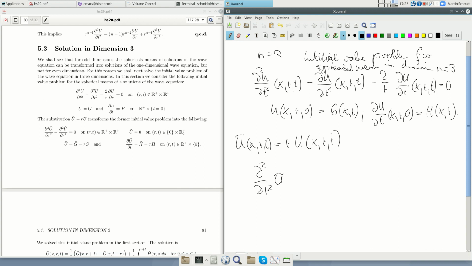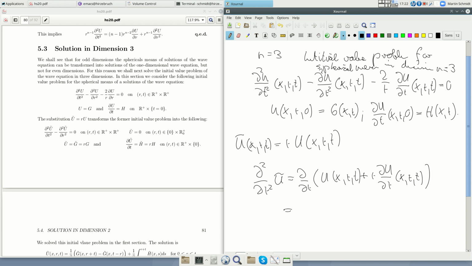The first derivative is d by dr of u of x, r, t plus r times du by dr of x, r, t.